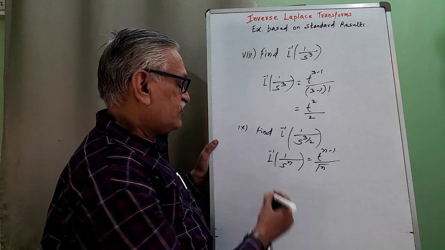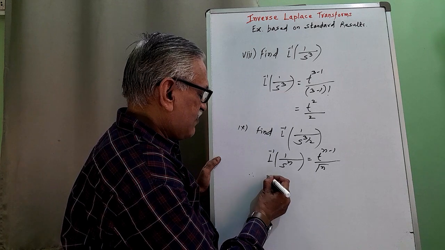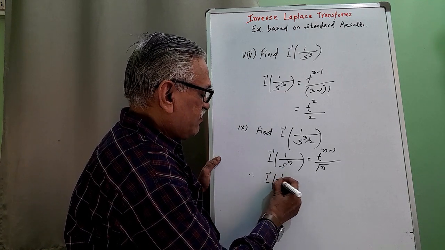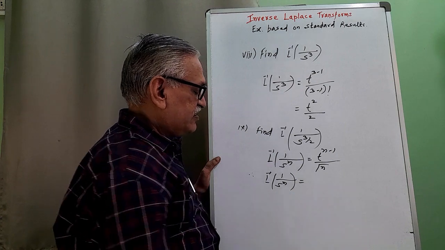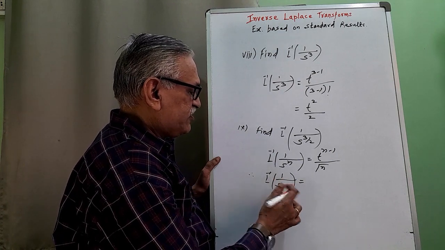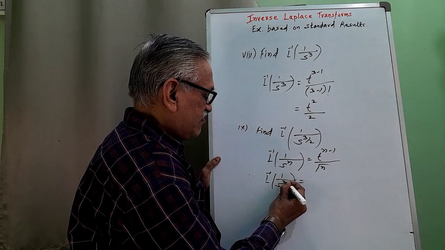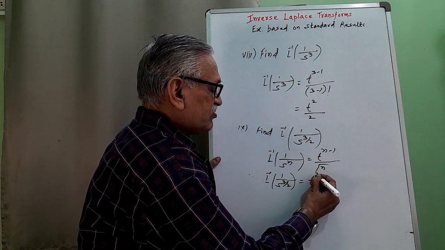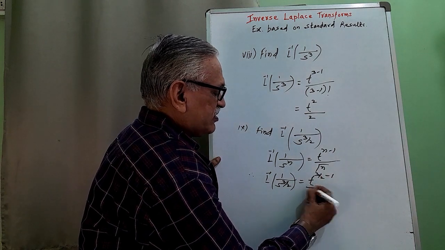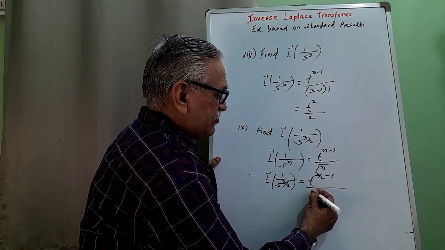And therefore, inverse Laplace of 1 by s raised to 3 by 2 is t raised to 3 by 2 minus 1 divided by gamma of 3 by 2.